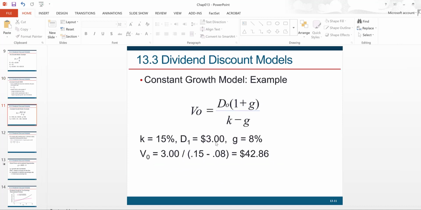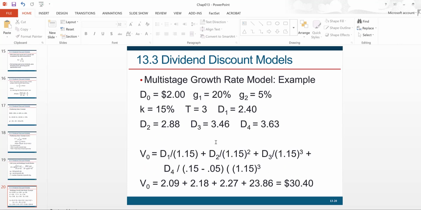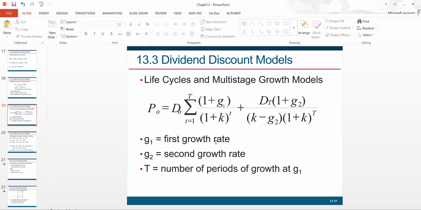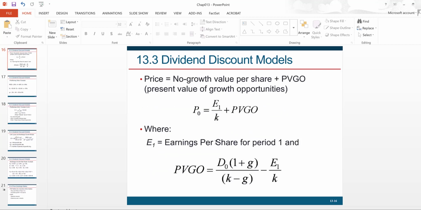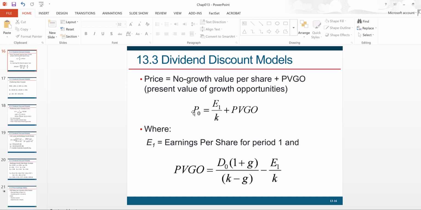So the total value of the firm is the summation of those two, and that is essentially what I have written down over here on the slides. P0, that's the total price, is the no growth value, E1 over K, plus the present value of growth opportunities. Or I can write PVGO as P0 minus E1 over K.